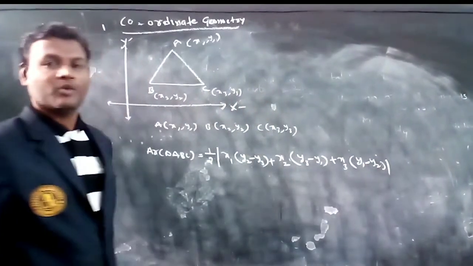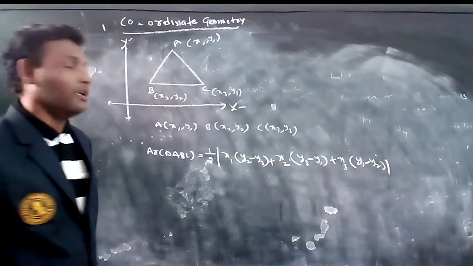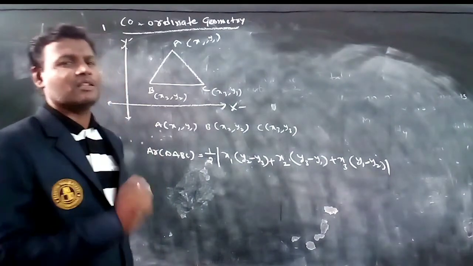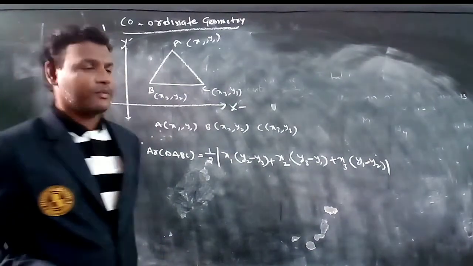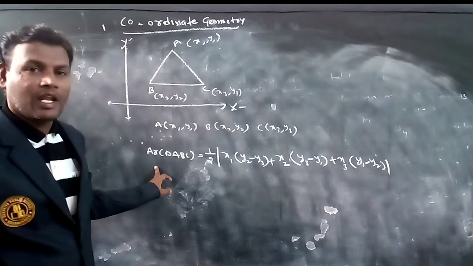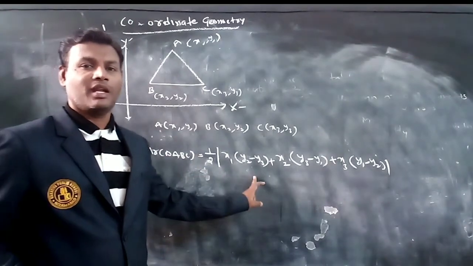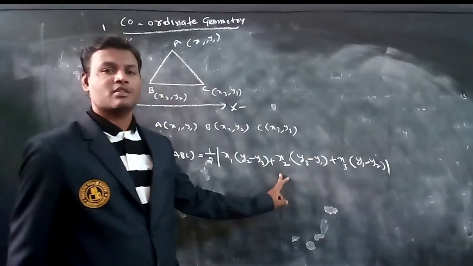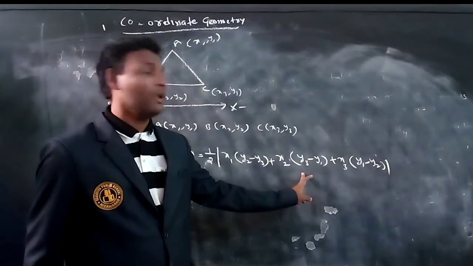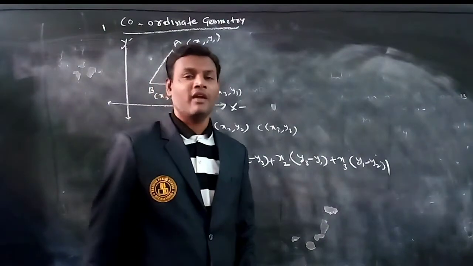This is the formula to find the area of triangle ABC, one of the important concepts from the 7th chapter.